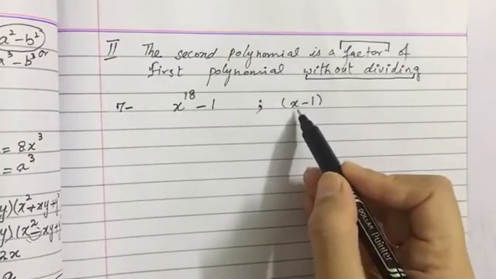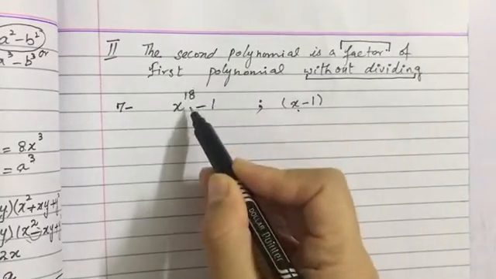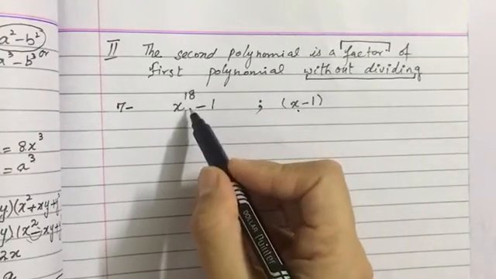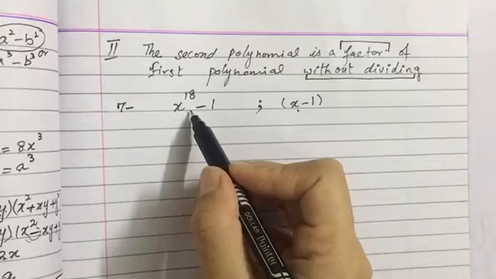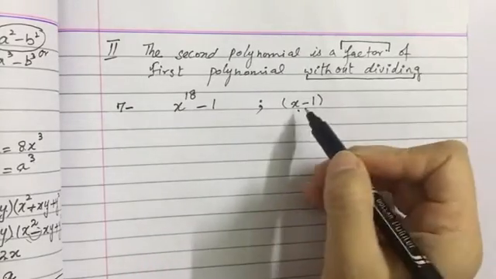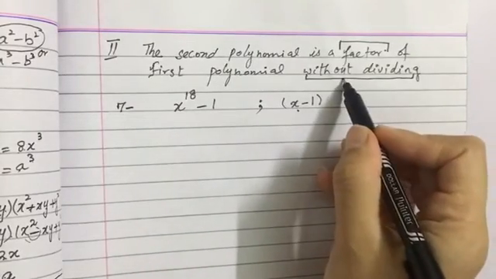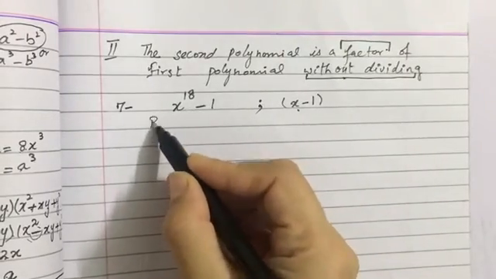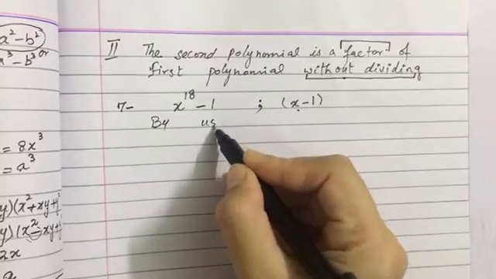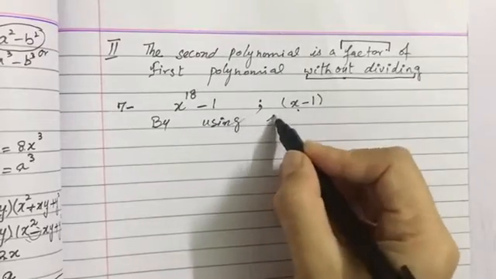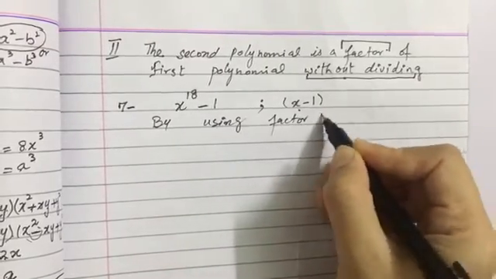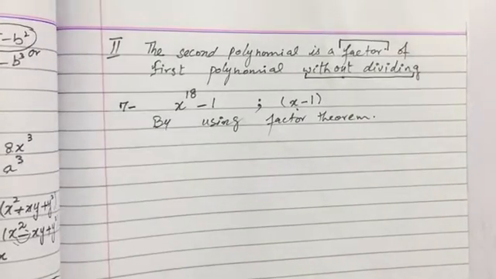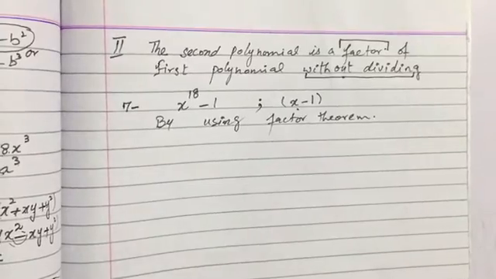They ask whether the second polynomial is a factor of the first polynomial. It means this factor completely divides the first polynomial, but they said do not divide it. So by using the factor theorem. What does the factor theorem say?